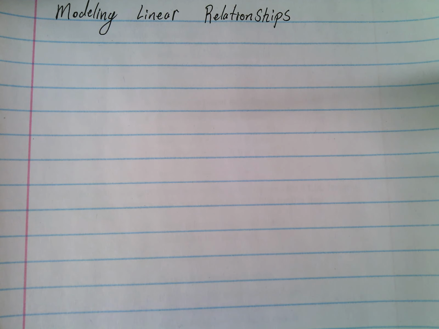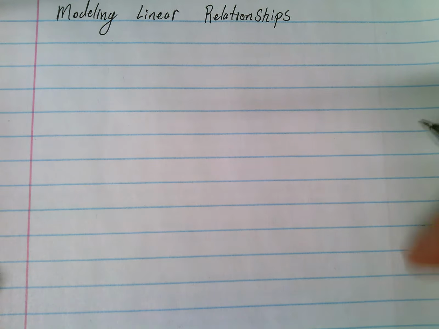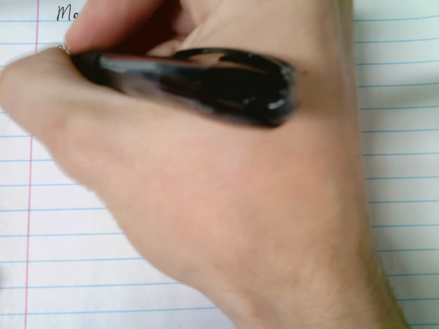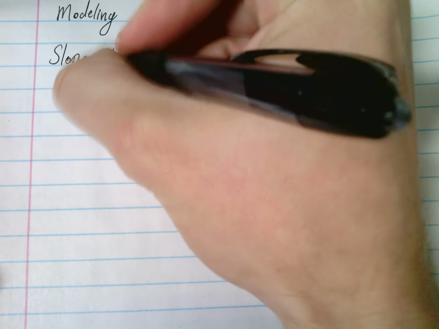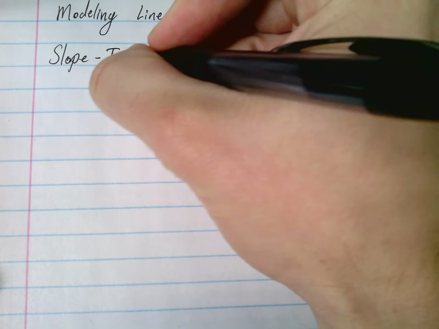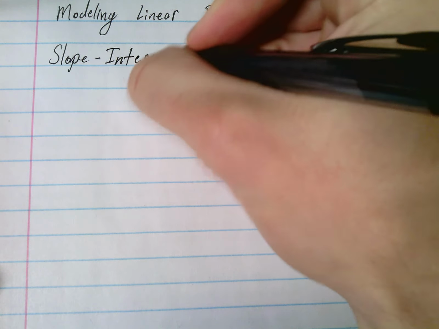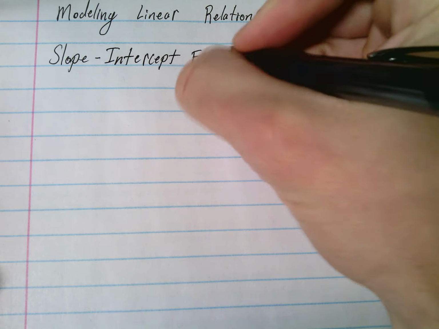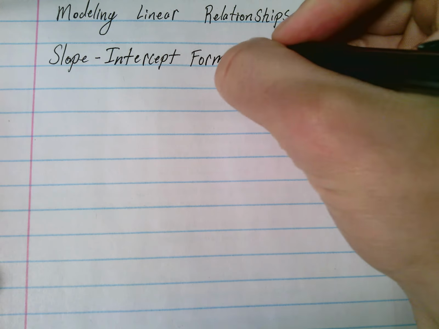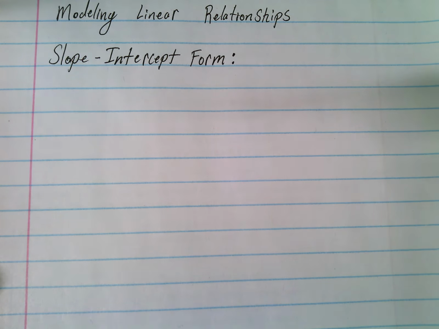When we approach a problem like this, there are two forms of linear functions that we're really going to focus on. The first is slope intercept form. This is one that you are super familiar with from your practice in the last chapter, and hopefully you're comfortable using that one.